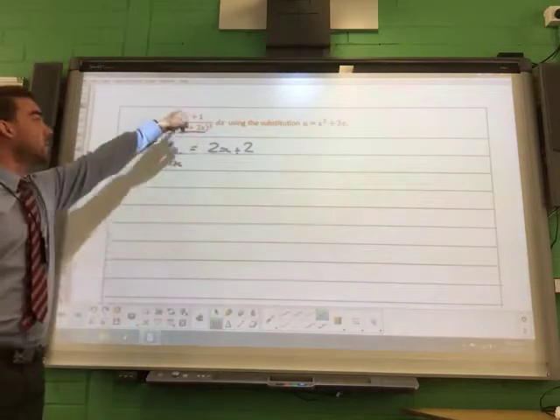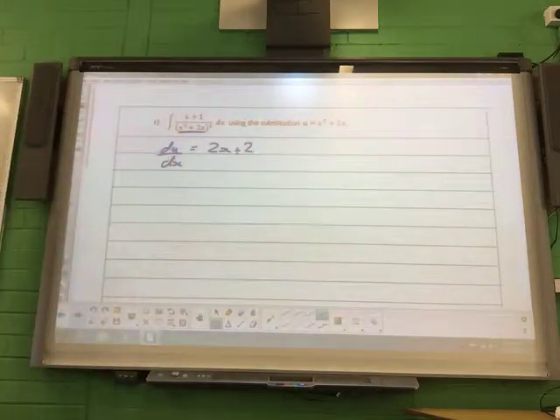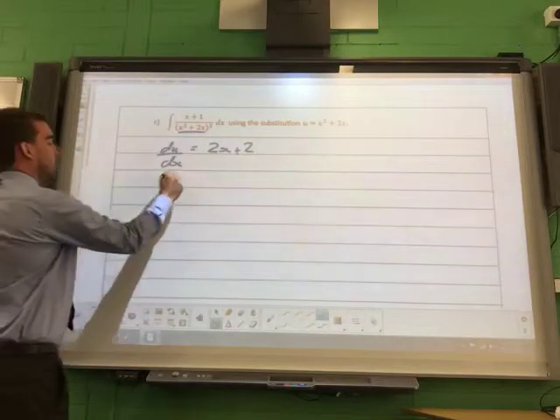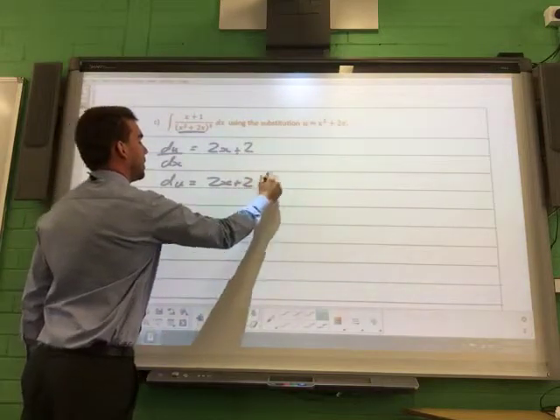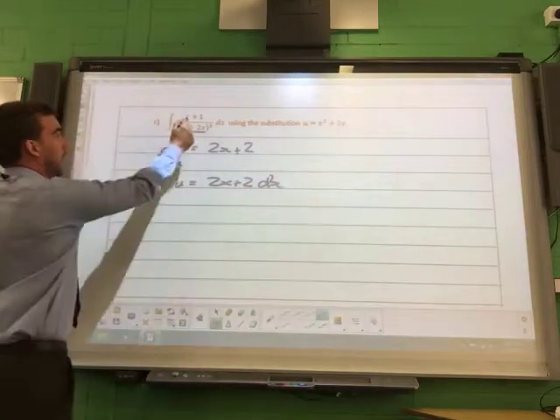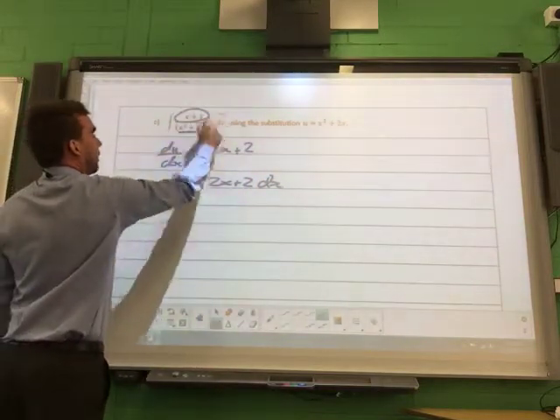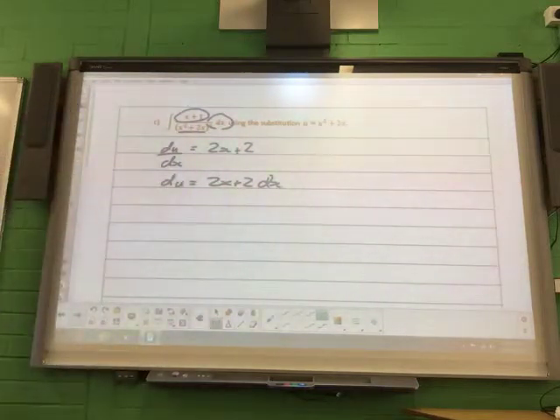Then I need to do something with what's up the top. I've got x plus 1 dx on top. So du is going to be 2x plus 2 dx. So I need x plus 1 and dx so I can make the substitution. At the moment I've got 2x plus 2.